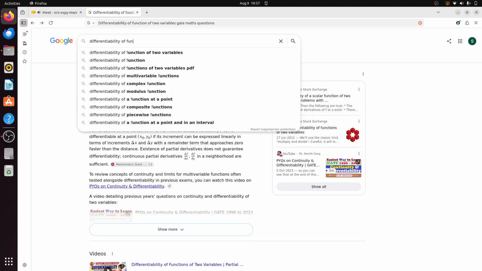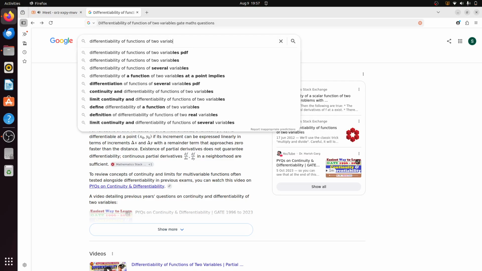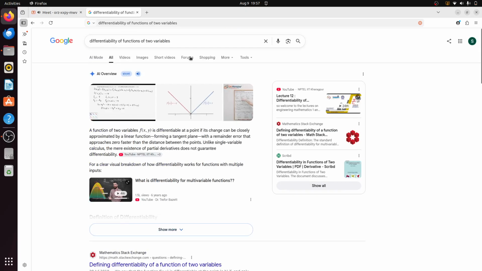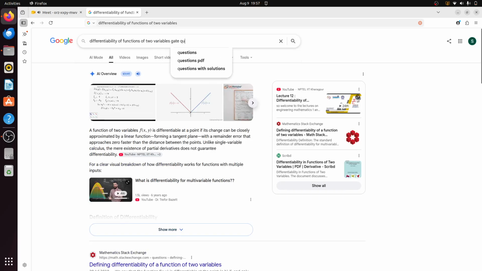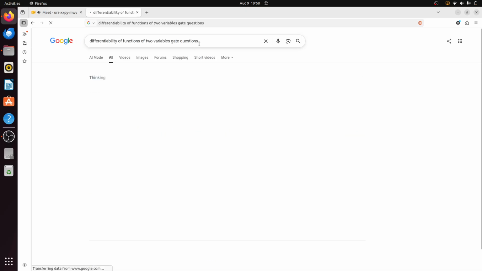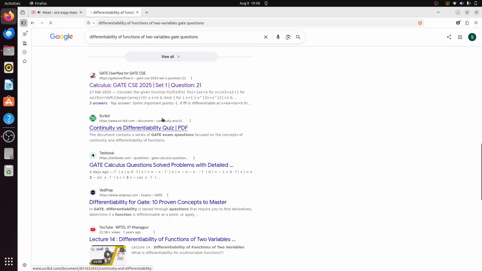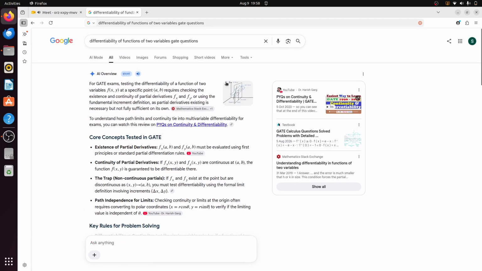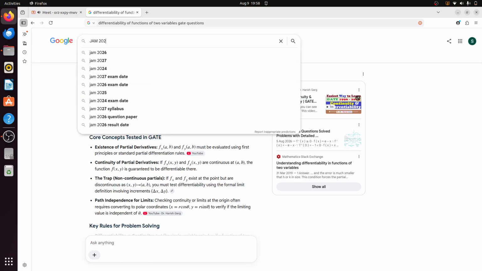Differentiability of functions of two variables. Some JAM questions in 2023, JAM 2026 question.